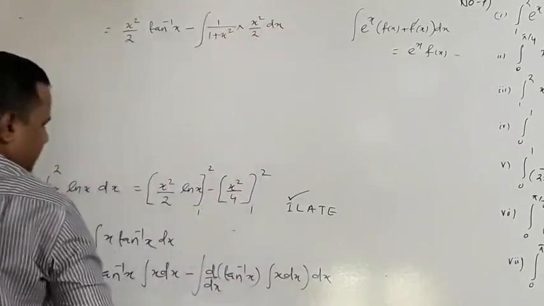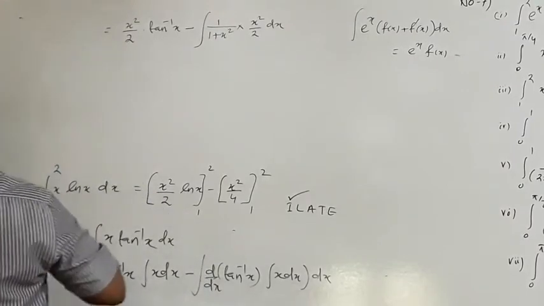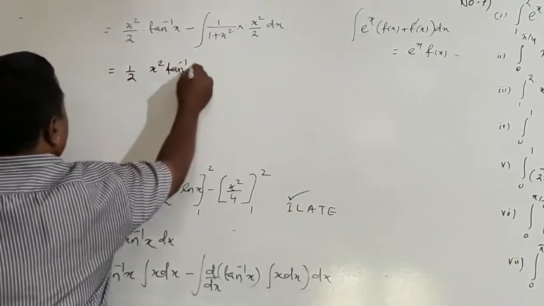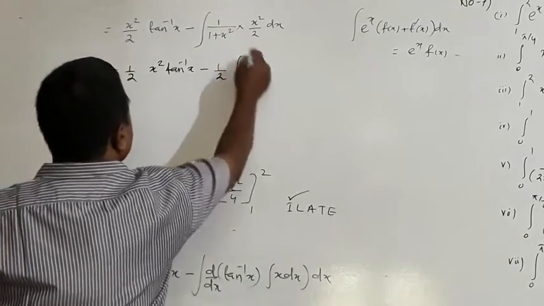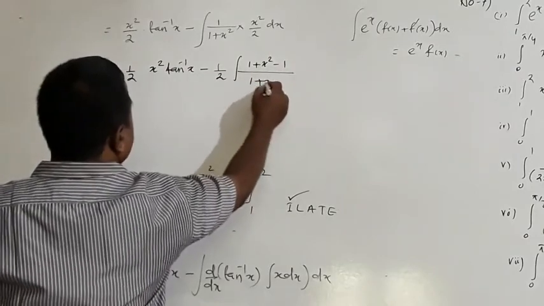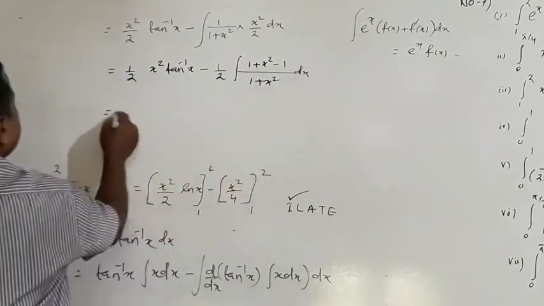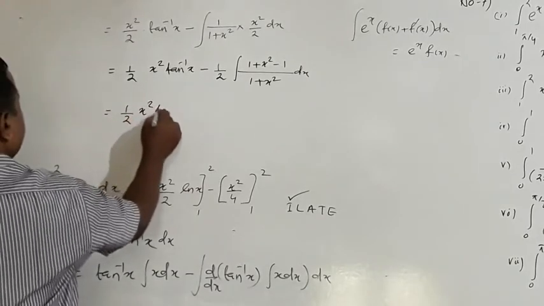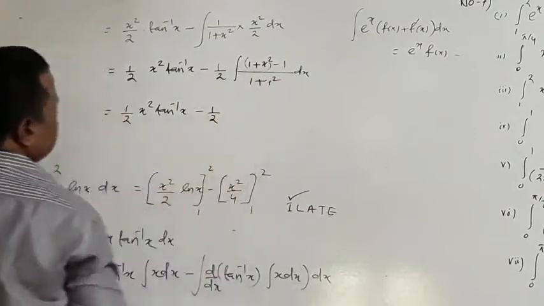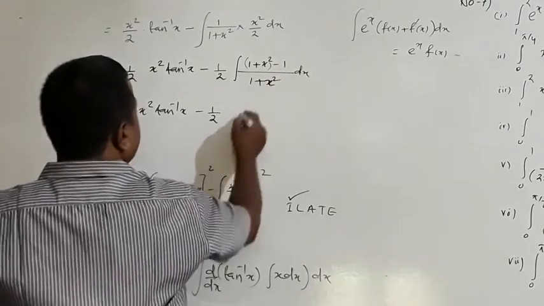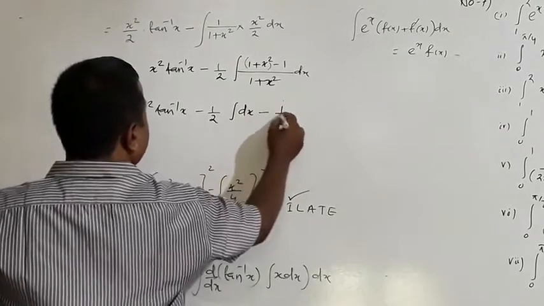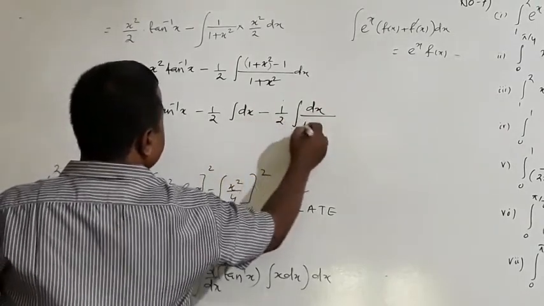Then the result is what? What will we do here? Then 1 by 2 x square tan inverse x minus 1 by 2. Here it is x square, so what you have to do? 1 plus x square minus 1 by 1 plus x square dx. The result is 1 by 2 x square tan inverse x minus 1 by 2 of 1 plus x square by 1 plus x square. The result is the integration of dx, minus 1 by 2 dx by 1 plus x square.